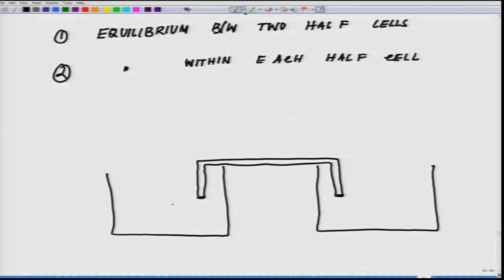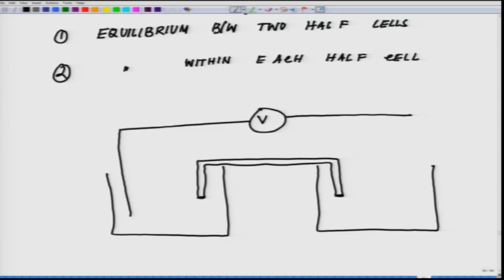You have a salt bridge connecting them, and you have a voltmeter connected there, and on your right hand side you have a silver electrode, which is an AgCl electrode. Okay.